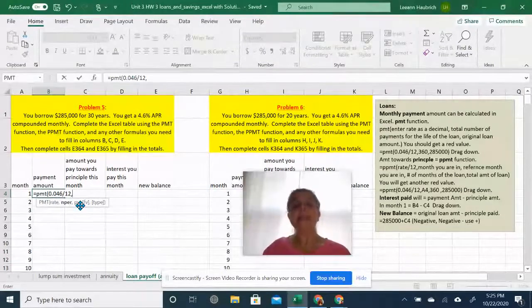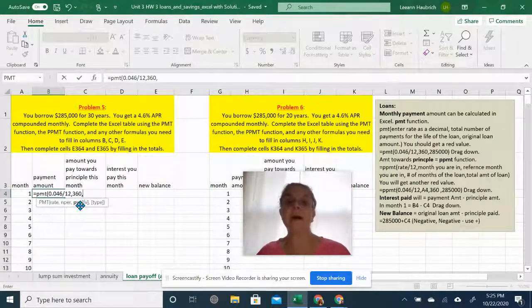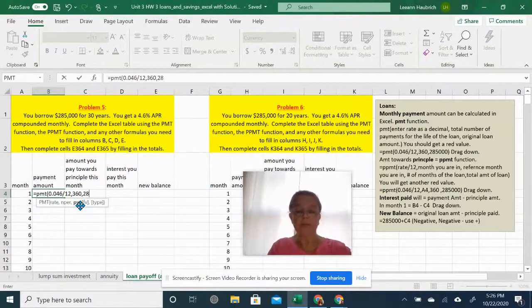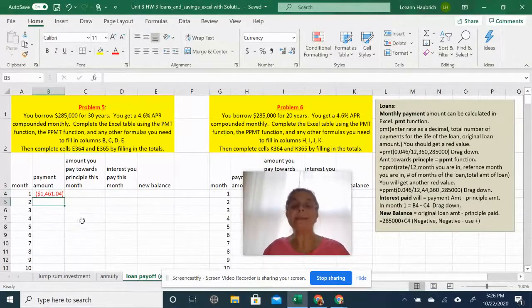The very next thing is the total number of payments. The number of payments altogether are 360 payments. And then the last thing to go in is the original loan amount. The original loan amount is going to be $285,000. And the monthly payment is never going to change.